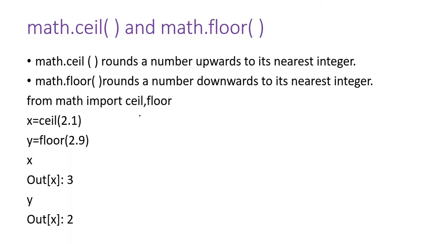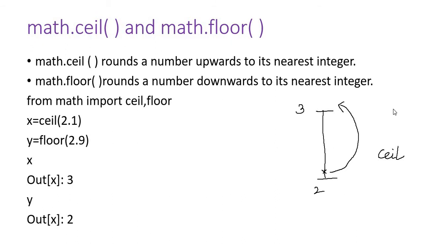Okay, then we will discuss the ceil operation and floor operation, mathematical operators. Say I have a number between 2 and 3. I want to round this. So what ceil will do, it will round the number to the next highest integer, which is 3.